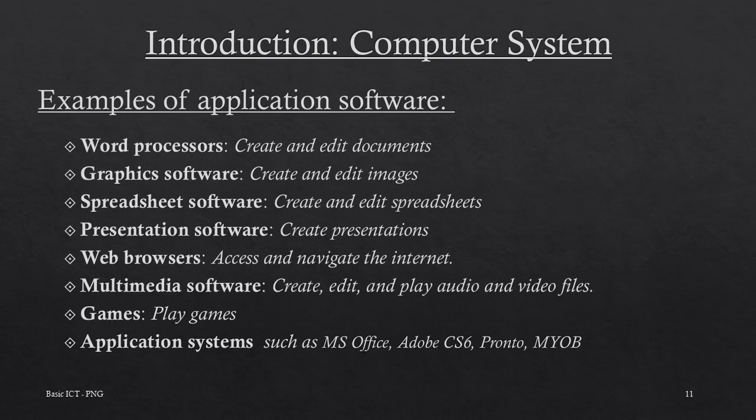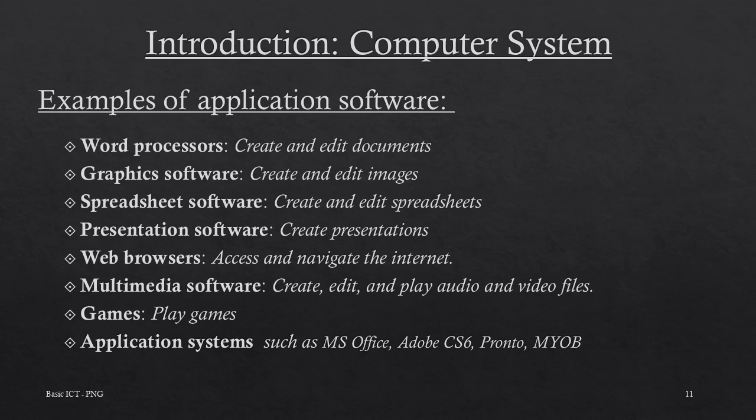Examples of application software would be word processors such as Microsoft Word 2013. Word processors are used to create and edit documents. Another group of application software would be the graphics software such as Adobe Illustrator.